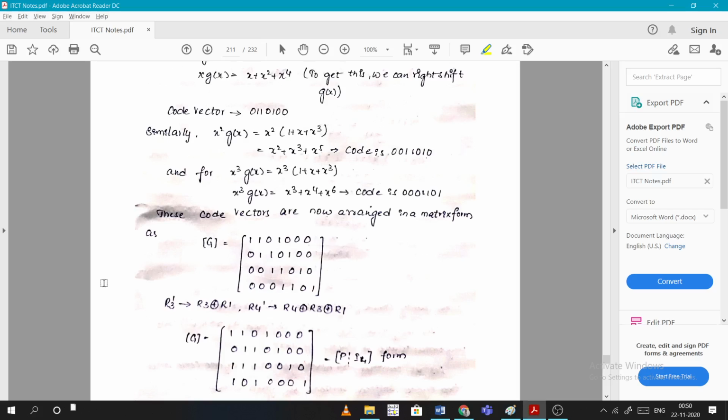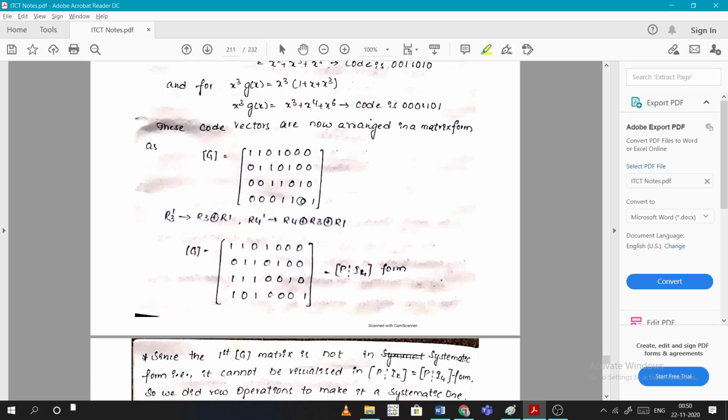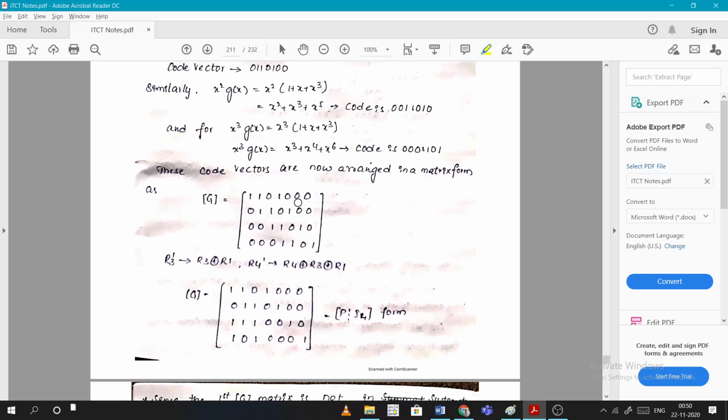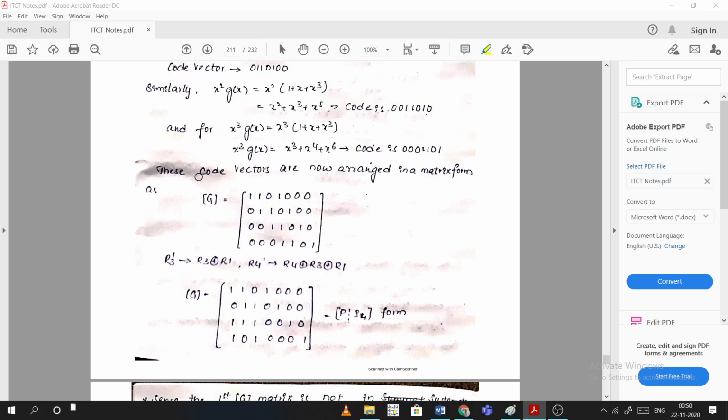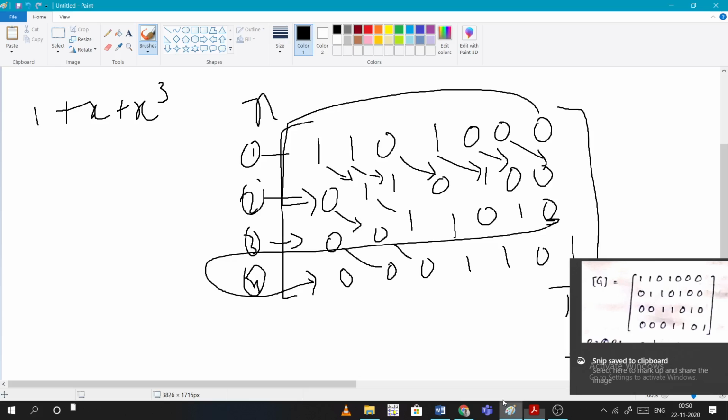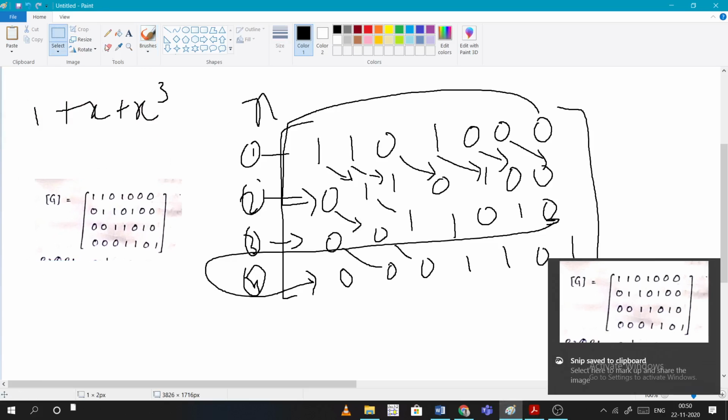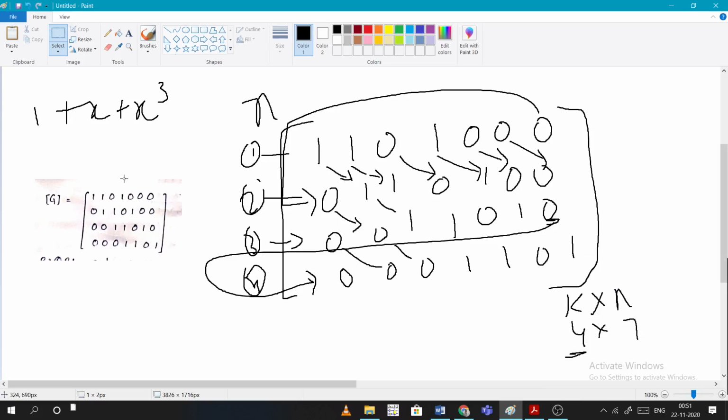Okay, generator matrix. Now, when you look at the generator matrix, it is not in the form of P I. As we know, either we can take I P or P I depending on how the matrix looks. If you observe this matrix, it is similar to an identity matrix, but only if you modify a few rows.